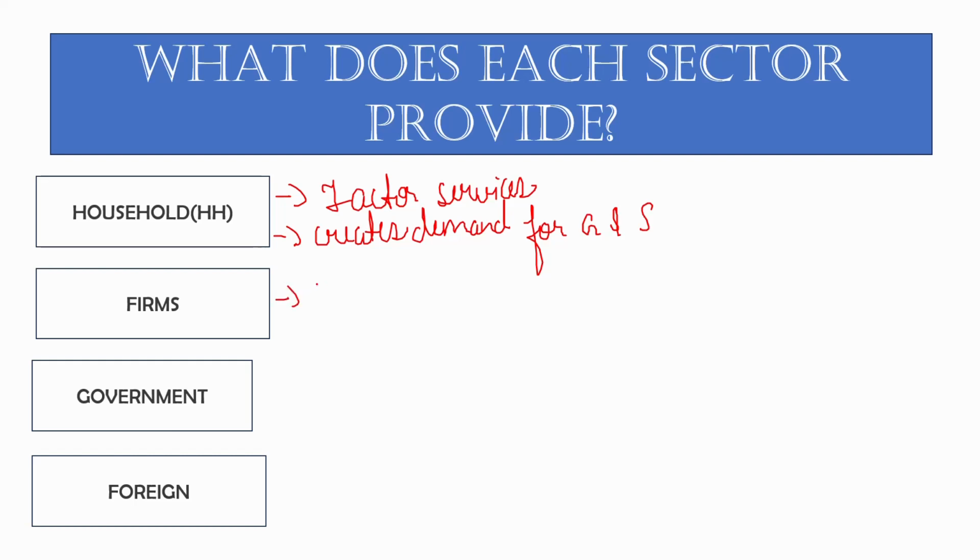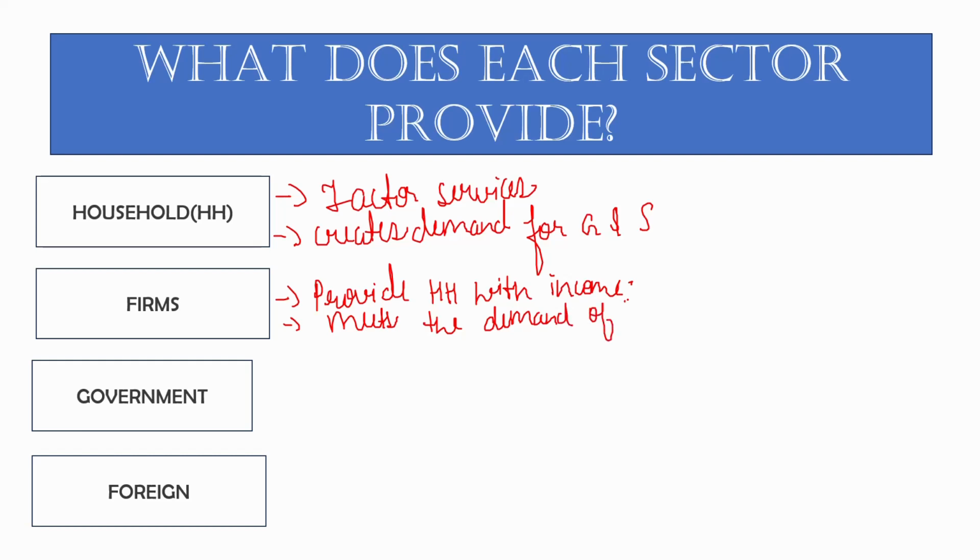They provide households with income, and they also meet the demand of households. In short form, we write households as HH, capital HH.